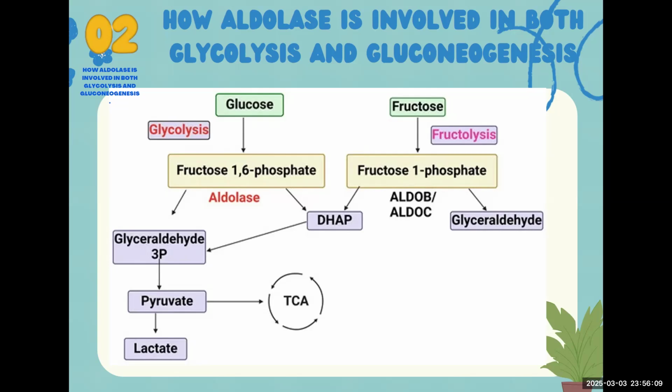The first molecule is glyceraldehyde 3-phosphate and the second molecule is dihydroxyacetone phosphate. We cannot find those molecules without the presence of aldolase. So aldolase is required to form these molecules.